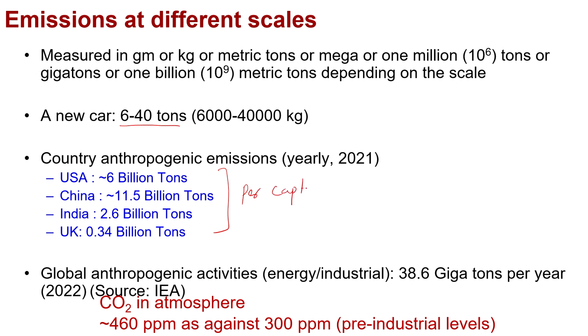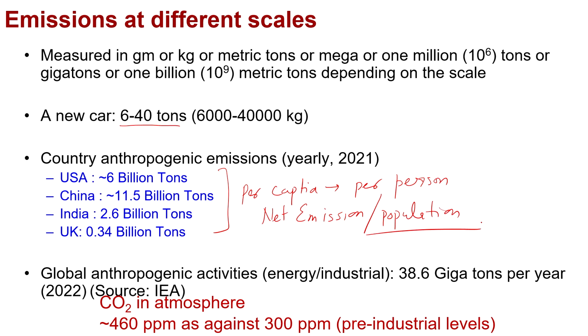Per capita, meaning per person. Net emission divided by population, and then you get a significantly different picture. India has very large population, as a result per capita emission is much lower as compared to something like UK or US.